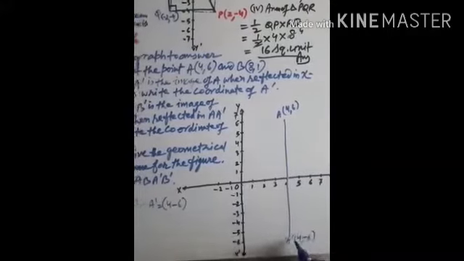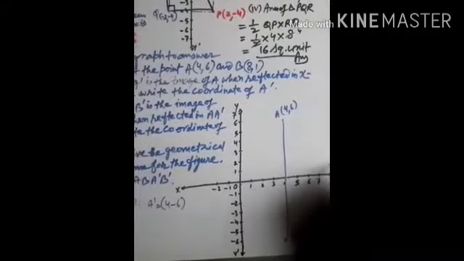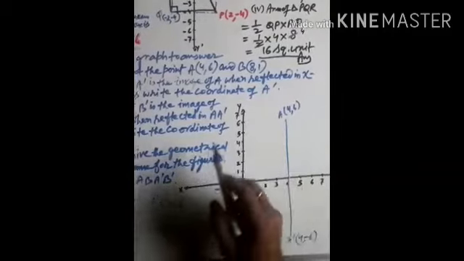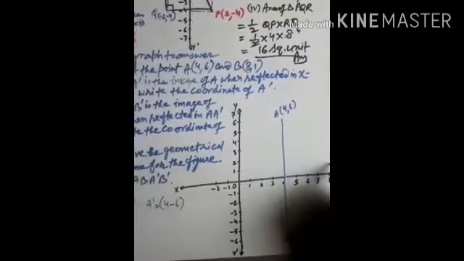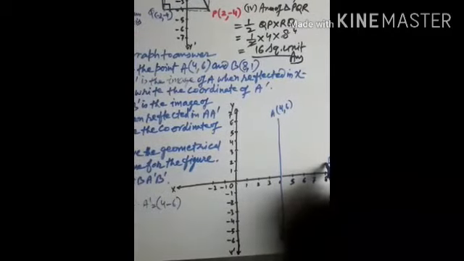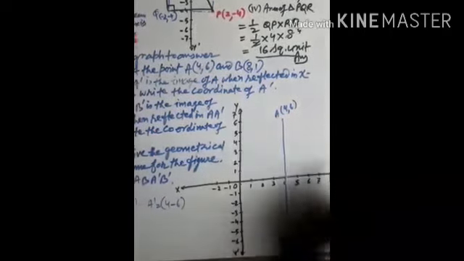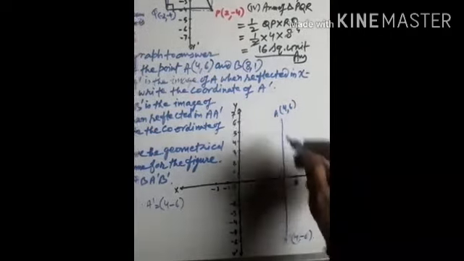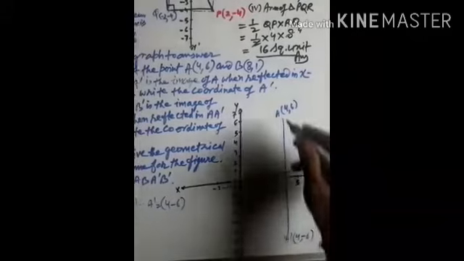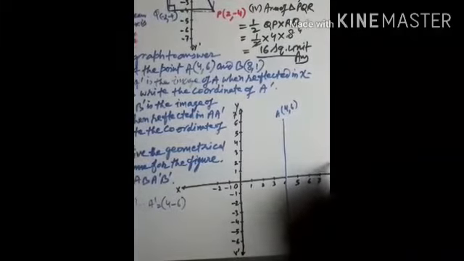Then B dash is the image of B. So B is here. If it is reflecting in the line A dash, then A dash will be the mirror, meaning the axis of reflection.